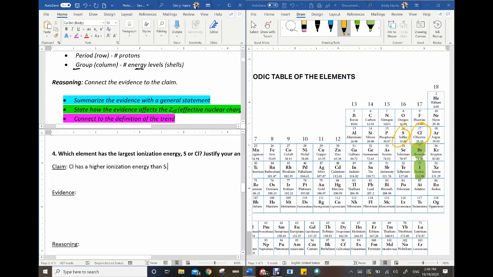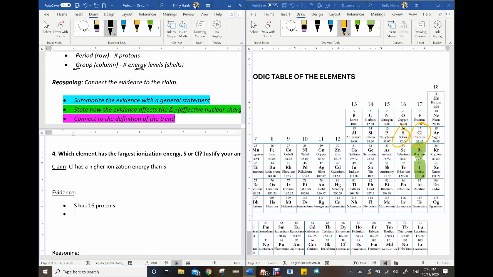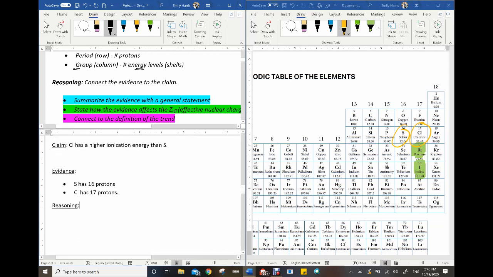We're in a period, so our evidence needs to be protons. So let's list our specific protons. Sulfur has an atomic number of 16, so it will have 16 protons. And chlorine will have 17 protons. Finally, let's tie everything together with our reasoning.